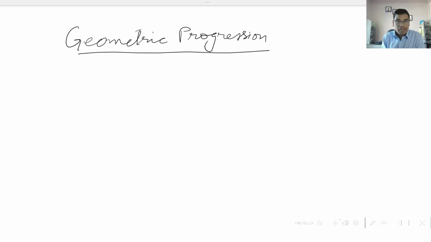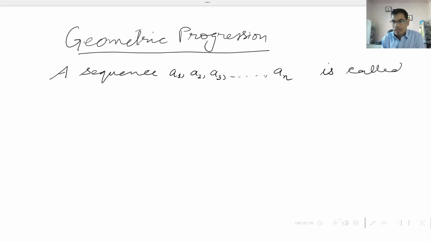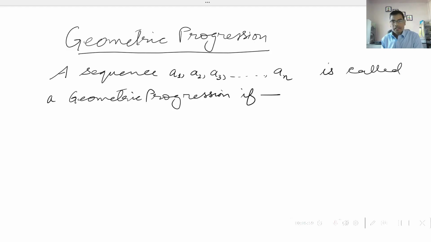As we have seen earlier, a geometric progression is a sequence. Let me first write the definition. Let us denote the sequence as A suffix 1, A suffix 2, A suffix 3, and so on up to AN. This sequence is called a geometric progression if it satisfies this condition or rule.